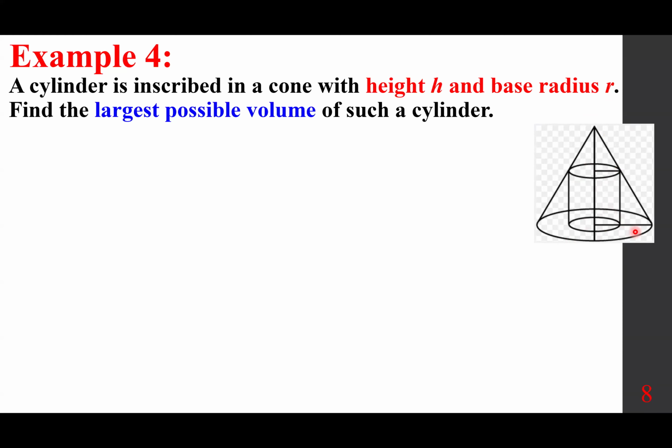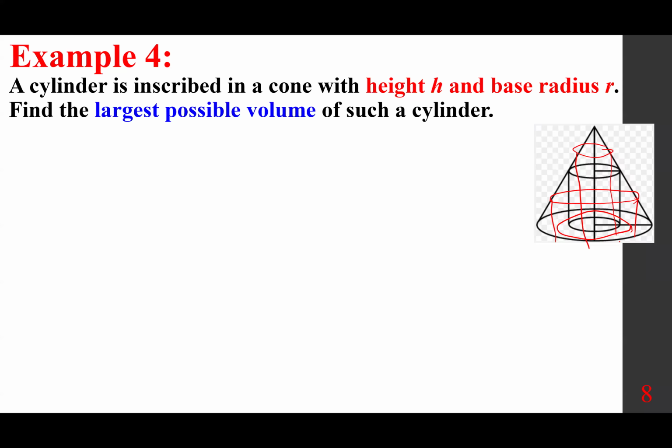So this radius is the radius of the base of the cone, and it can't be changed. That's a fixed number, and so is the height. But the cylindrical shape can change. Okay, let me just, for example, draw another one. I mean, it could be this one, or maybe this one.